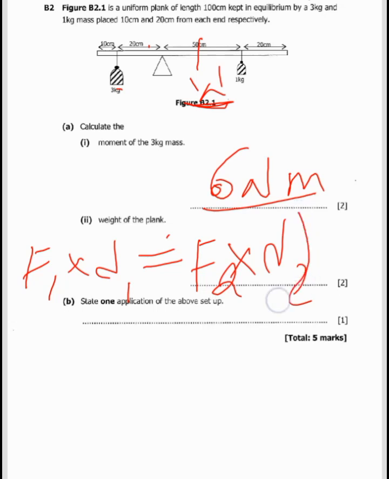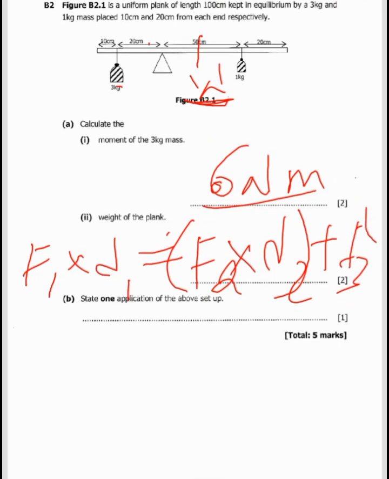Then this must be added to the other moment found on the other side, which is F3, force 3 times distance 3. Distance 3 is the distance from the pivot to where the 1 kg is. When you do your calculations nicely, you will realize that this side we've already calculated, which is 6 newtons, is equal to F2. We leave F2 like that because we want to find the answer here, times distance 2.